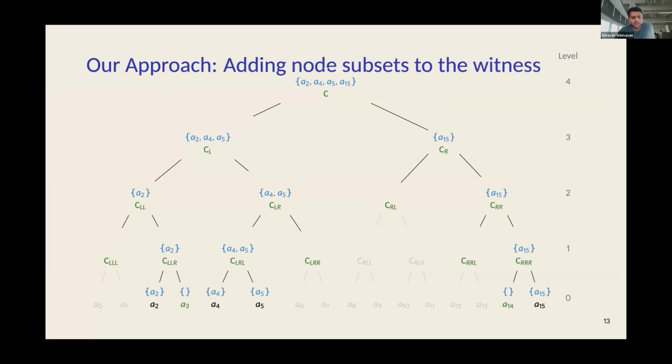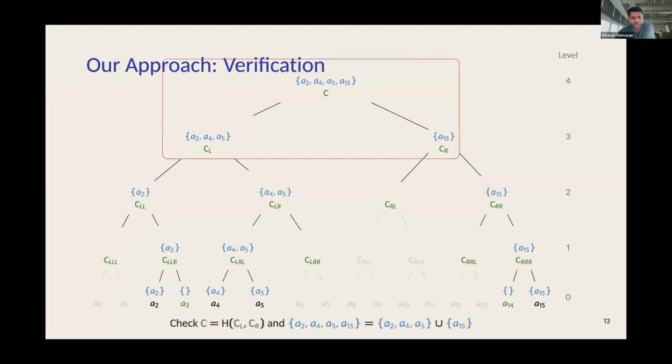Once you have this, a key thing to note is that in addition to having the Merkle hash values at nodes, we also have these node subset values in our construction. The way we verify a batch proof naively in our scheme is, first, we prune out the set of nodes that are of interest to us in this Merkle tree.